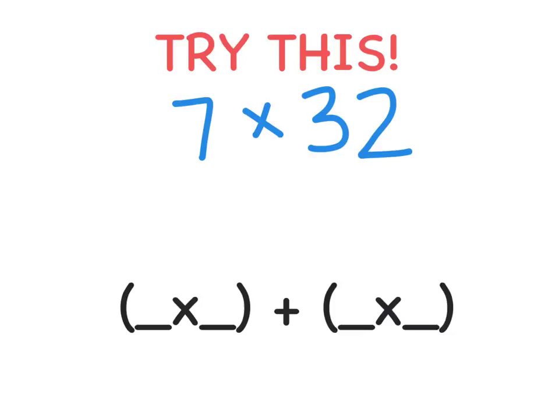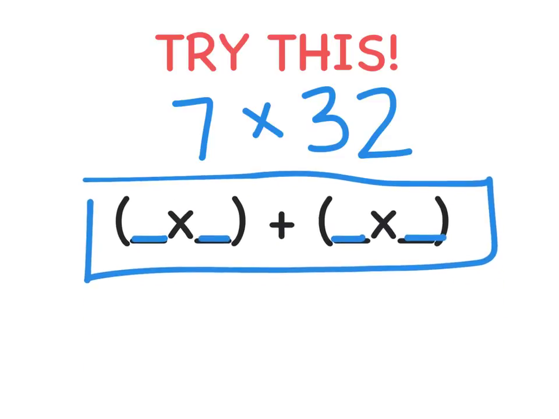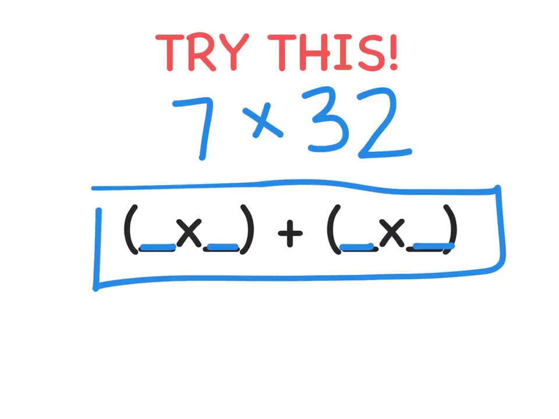So your answer should be kind of looking like this, with numbers filling in each of these blanks after you've rewritten it using the distributive property, and then you need to solve. So the first thing you need to do is rewrite the expression using the distributive property, and then you need to find the product.